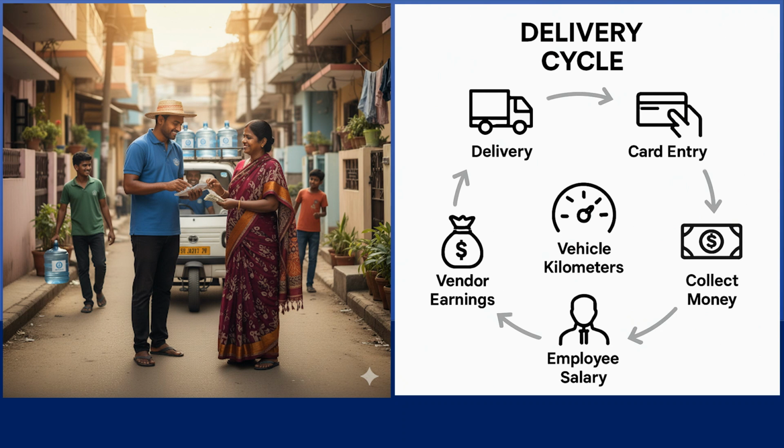Now let's think from the vendor perspective and understand the diagram beside it. The vendor collects the water bottles and delivers them to the customer. The current offline process is that every household is given a card. On every card, they make an entry of how many gallons they delivered on that particular day of the month.